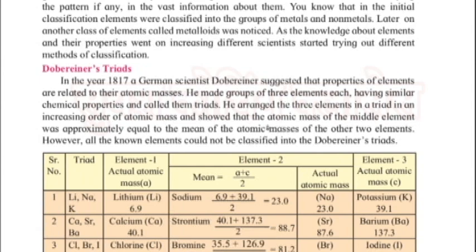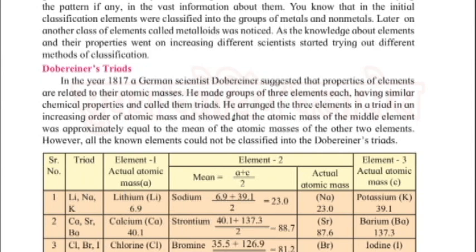The atomic mass of the middle element was approximately equal to the mean of the atomic masses of the other two elements. हम लोग अगर पहला वाला एलिमेंट लेंगे और थर्ड वाला एलिमेंट लेंगे और उनका मीन निकालेंगे तो उनका मीन जितना आएगा वो क्या होगा? It will be the atomic mass of the middle element.